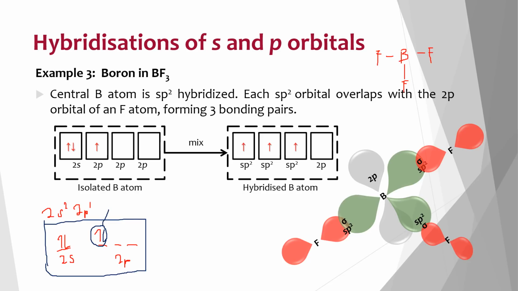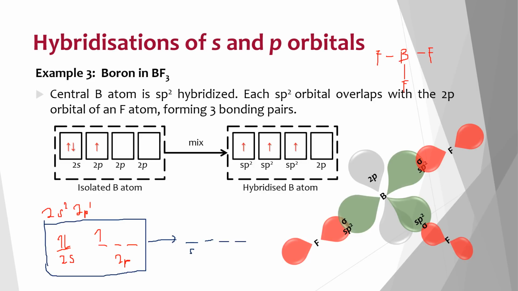But since boron only has one available single electron, it needs to hybridize because it needs to form 3 bonds with the fluorine. But right now in its unhybridized state, it can only form one bond. So for the hybridized state, you combine all of the 2s and the 2p orbitals first.